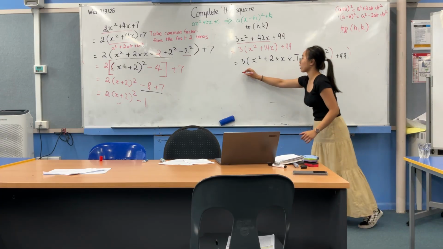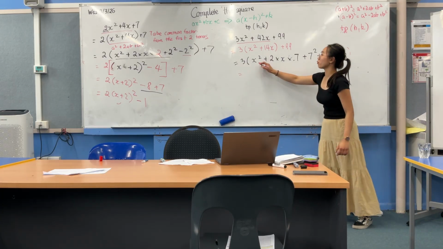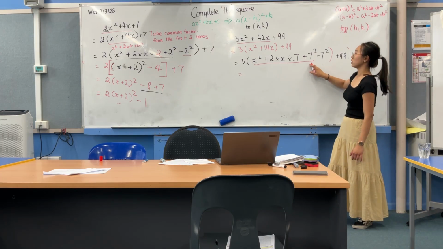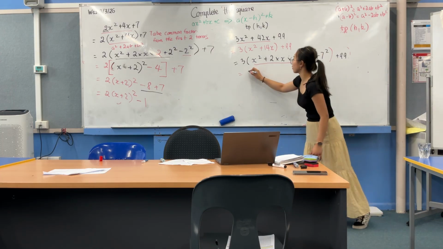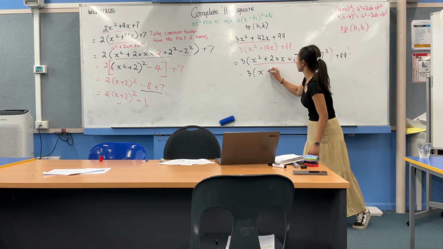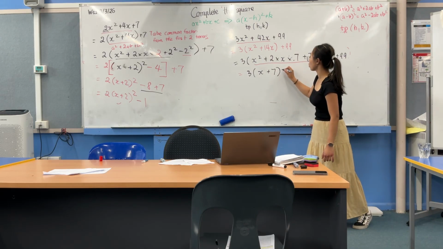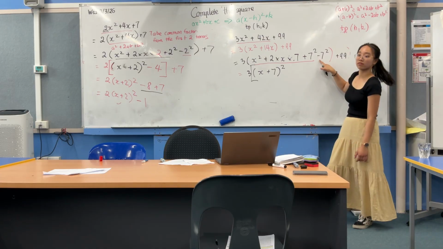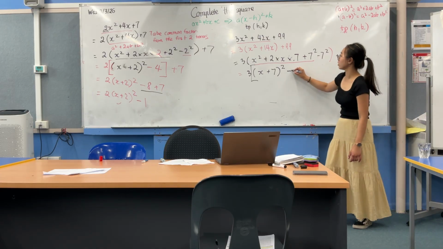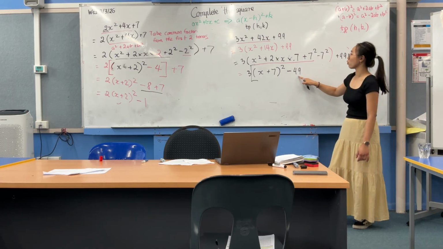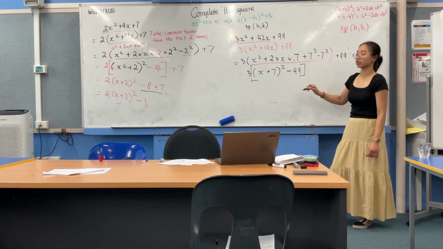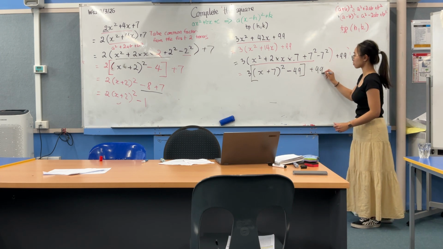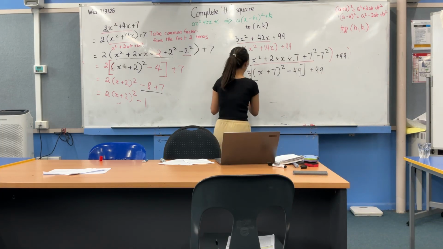Now after that we're gonna complete the square. This is going to be your perfect square formula. So write down 3(x plus 7) all to the power 2. Now remember the big bracket, as you still have negative 49. Why is it negative 49? Because 7 to the power 2 is 49, with a negative sign, plus 99. Now you multiply in.